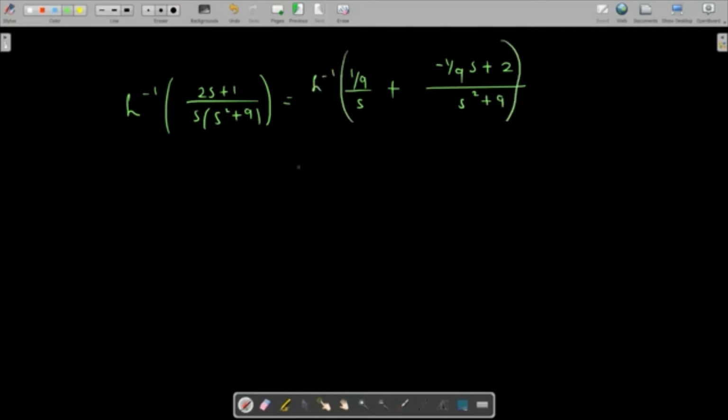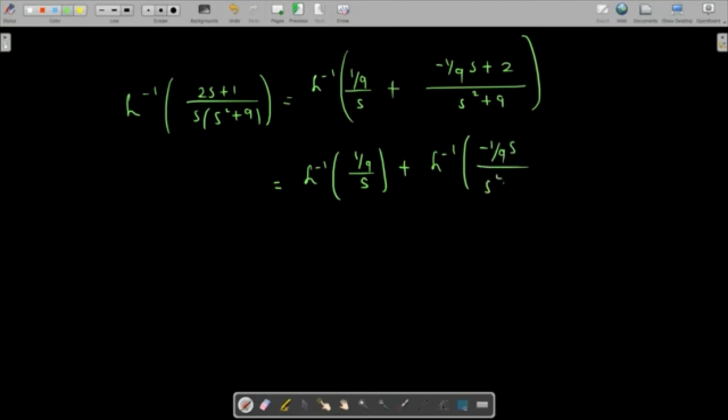So again, we're going to segregate the terms even more. That's going to be the inverse Laplace of (1 over 9) over s, plus the inverse Laplace of (negative 1 over 9)s over (s² + 9), plus the inverse Laplace of 2 over (s² + 9).